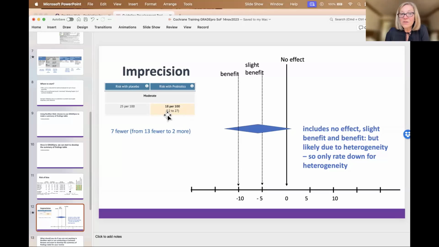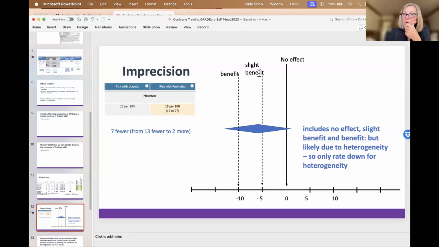And that confidence interval goes from 12 to 27. If we just do a straight subtraction, it looks like we would have 7 fewer people, so 25 minus 18, with an infection. But for the confidence interval, 25 minus 12 is 13 fewer. But 25 minus 27 actually means that there would be 2 more people.